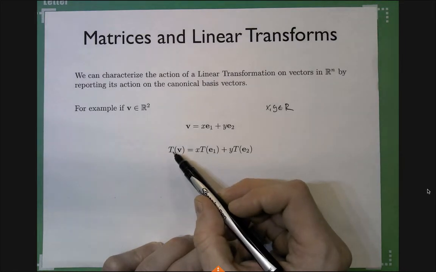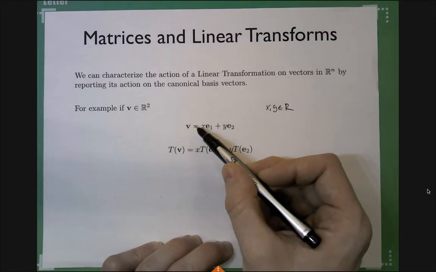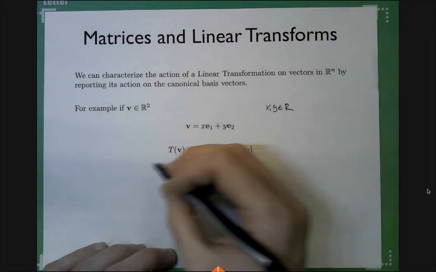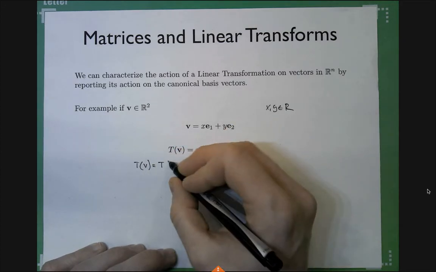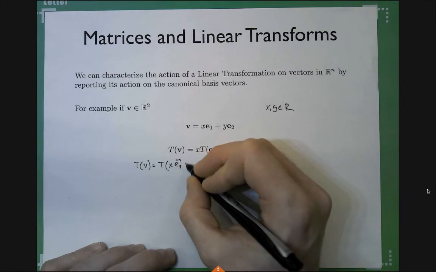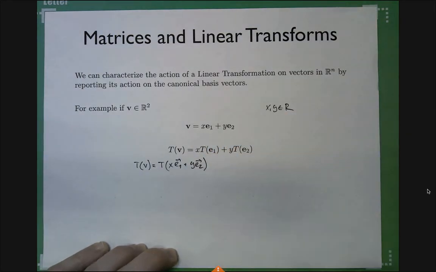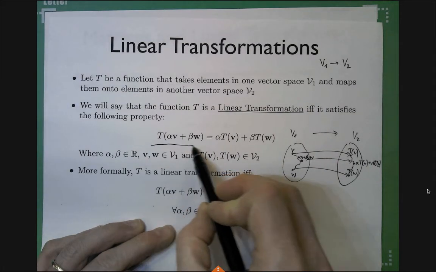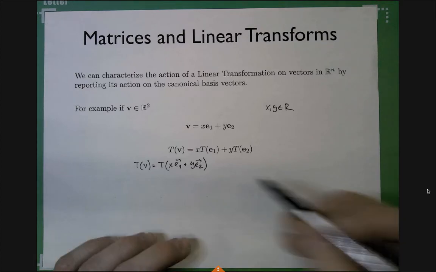So if I apply the arbitrary linear transformation T to the vector v, then by the defining property of the linear transformation, I guess I could put it like this, right? If I wanted to do really baby steps, x e1 plus y e2, right? And then from the definition of linear transformation, again, this property here, I'll apply exactly that. It doesn't get easier than that.